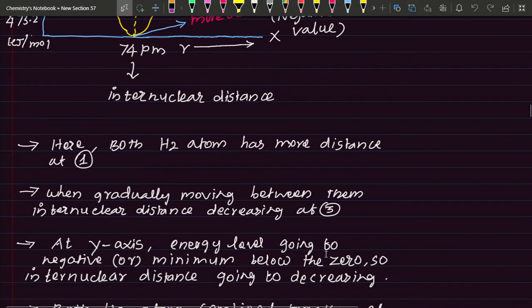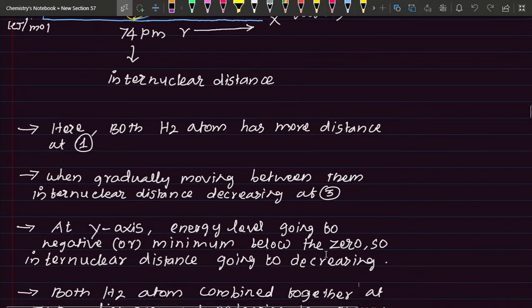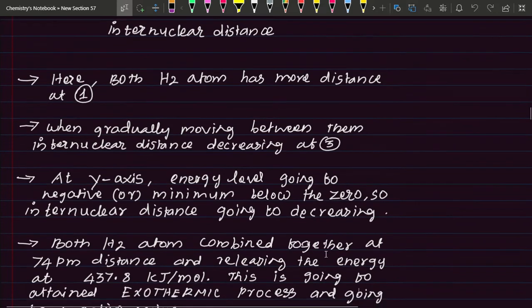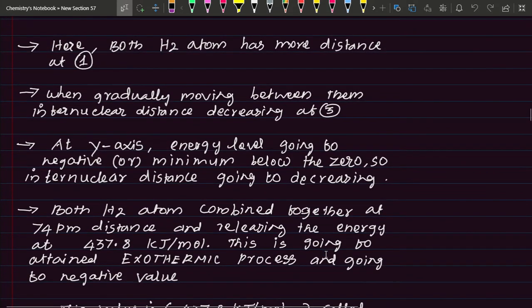On the y-axis, the energy level goes negative, or minimum below the 0, as the internuclear distance decreases. So both H atoms combine together at exactly 74 picometer distance, and release energy.